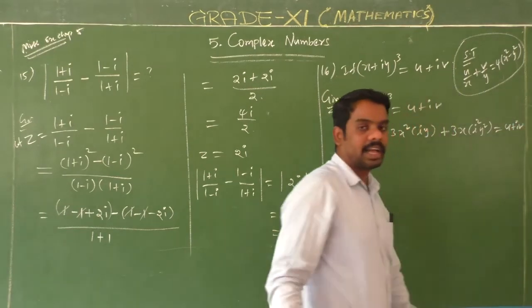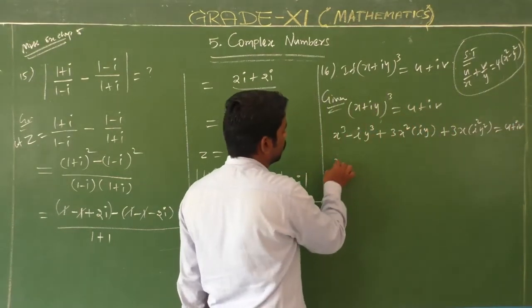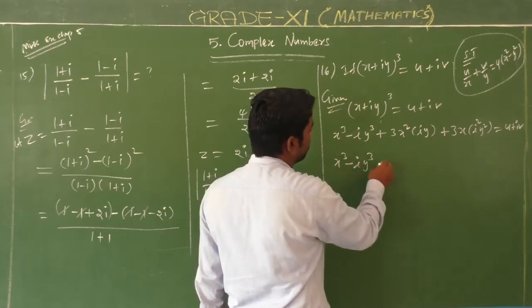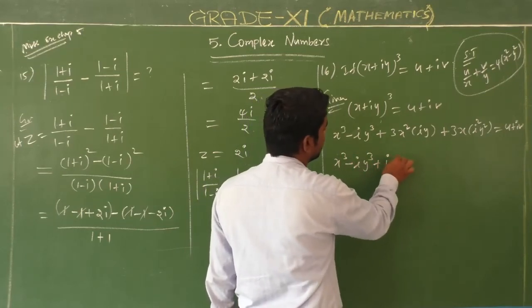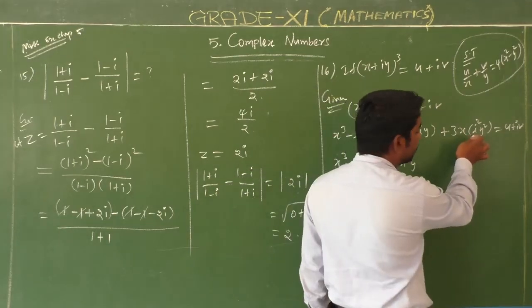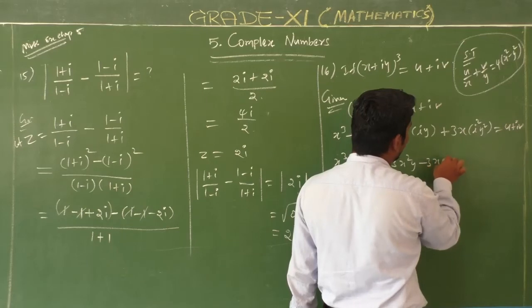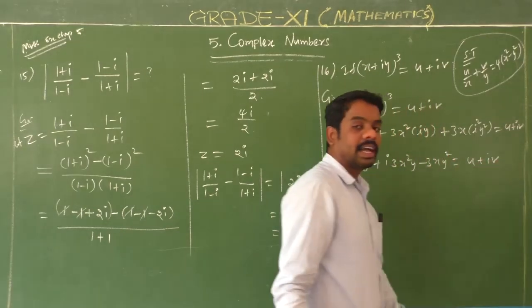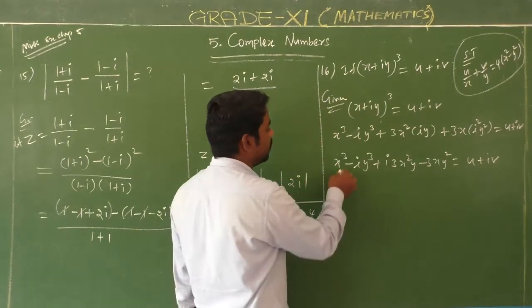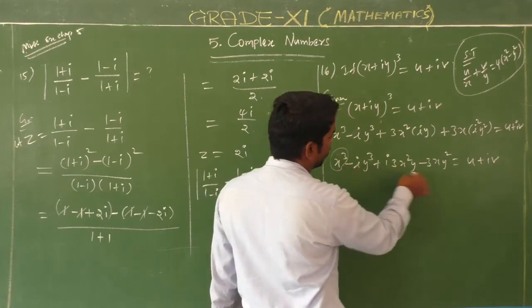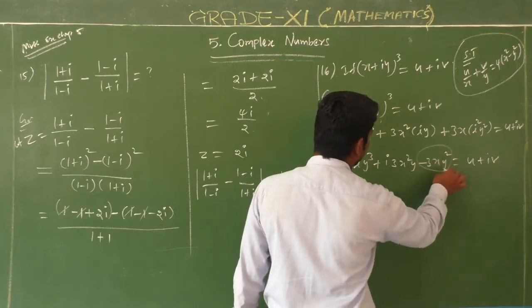So x cube minus i y cube plus i into 3x squared y. The i squared value is minus 1, so minus 3xy squared equals u plus iv. Right. Here, write it in the real part and imaginary part, a plus ib form.